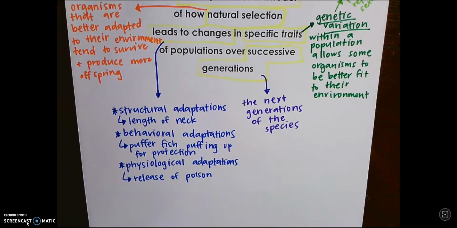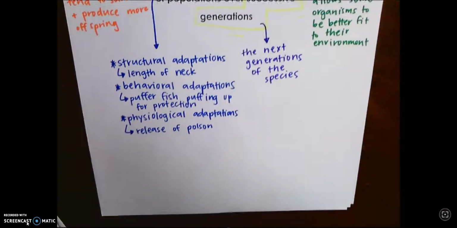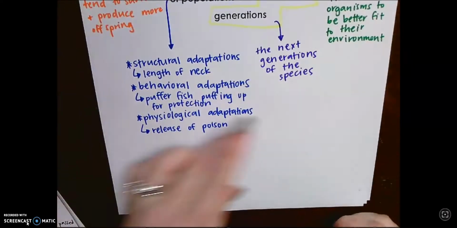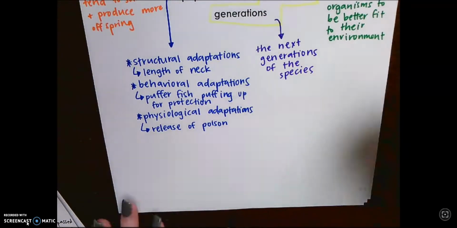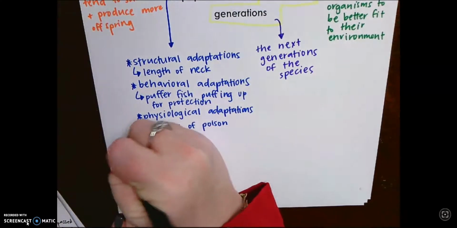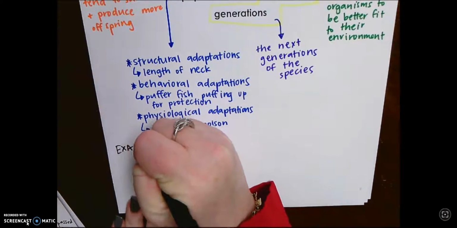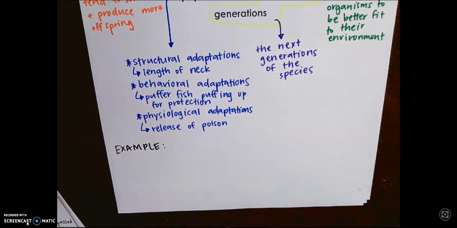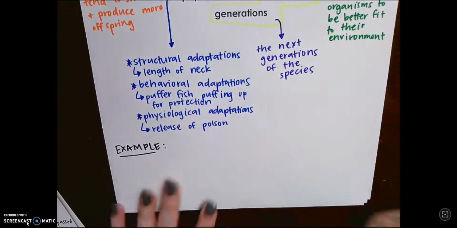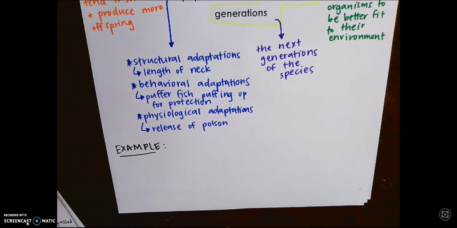So my last thing that I want to do is add an example to the bottom here. So I'm going to scroll down just a little bit. So this white space down here is where I'm going to use for my example. And so I'm going to just write the word example here. So for this example, I'm going to look at the genetic variation of color within a few different beetles.